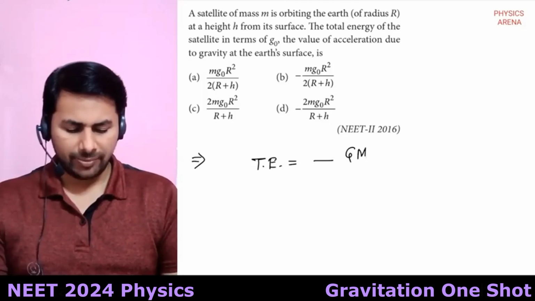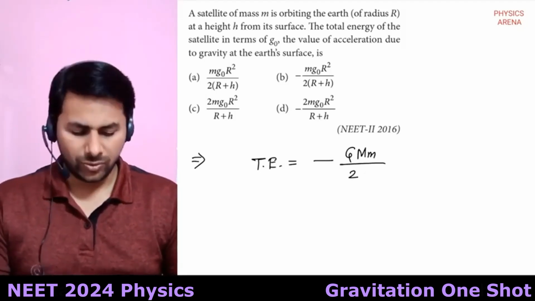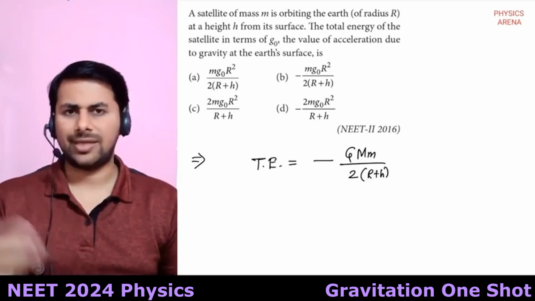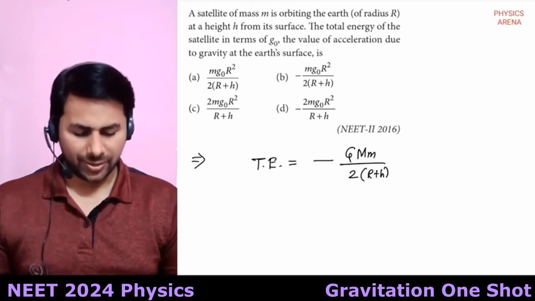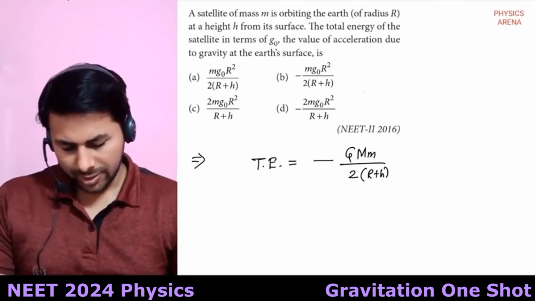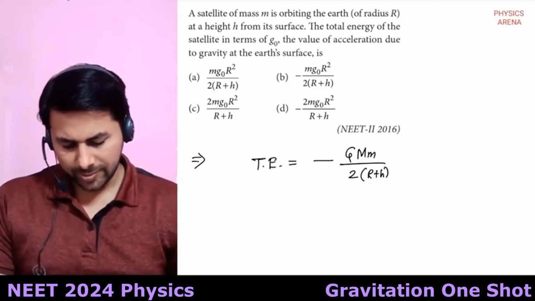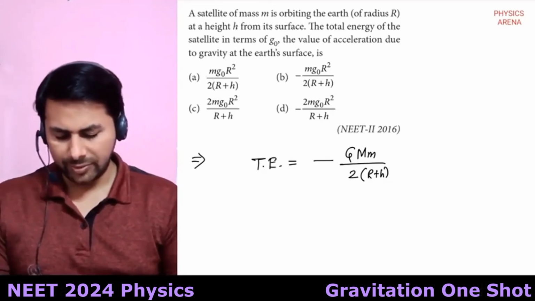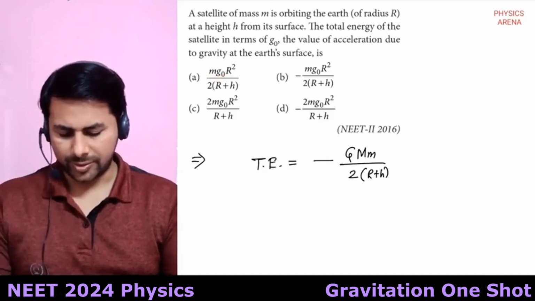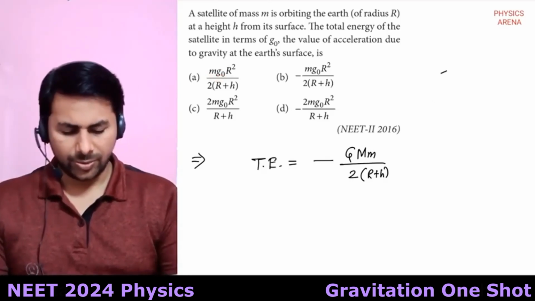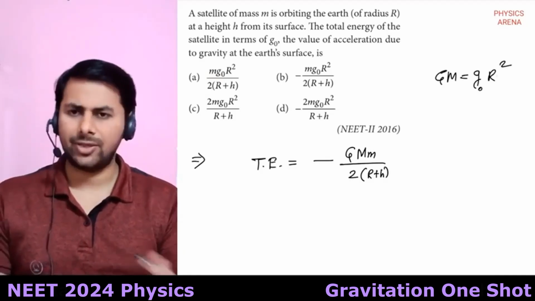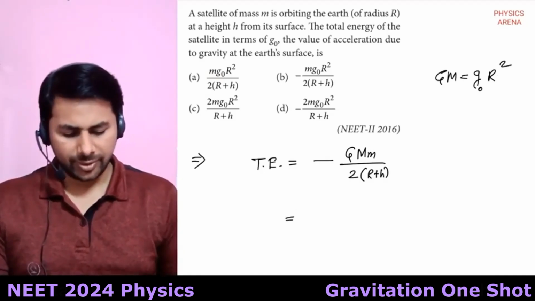Minus GMm upon 2r, which is 2 small r, which is capital R plus H. Is it given in terms of this? The options are given in terms of g naught. So put GM equals g into R squared, and they are calling it g naught.